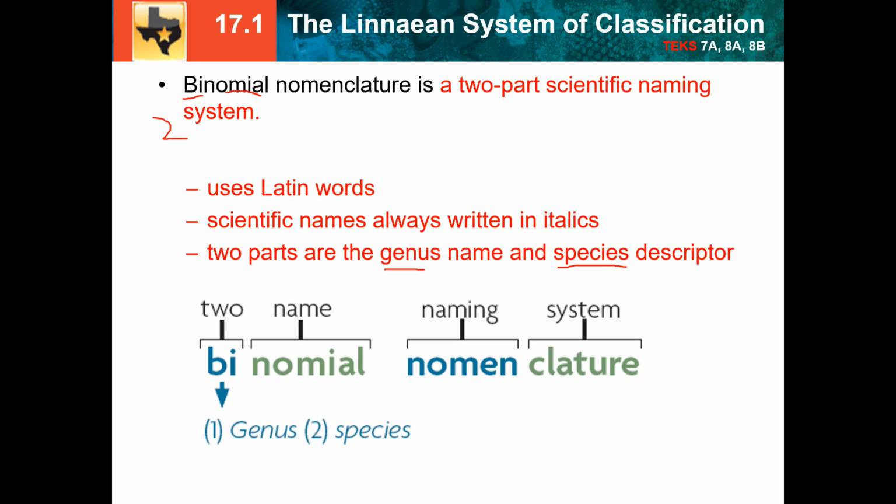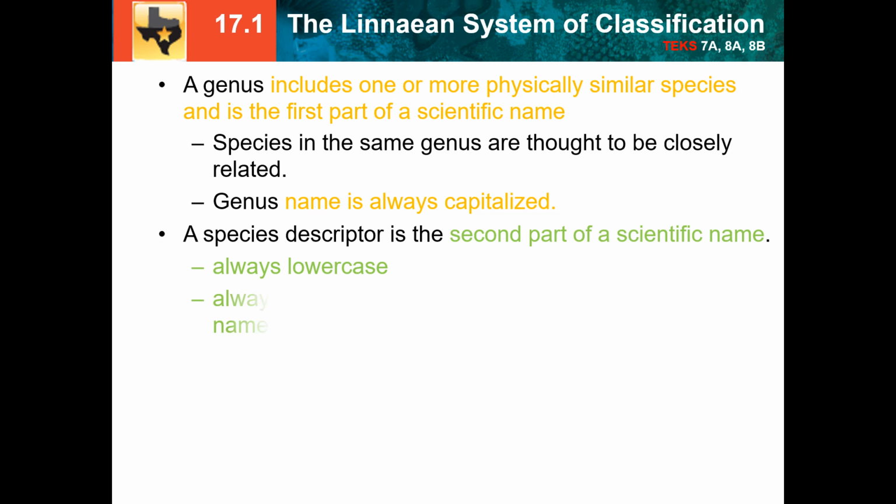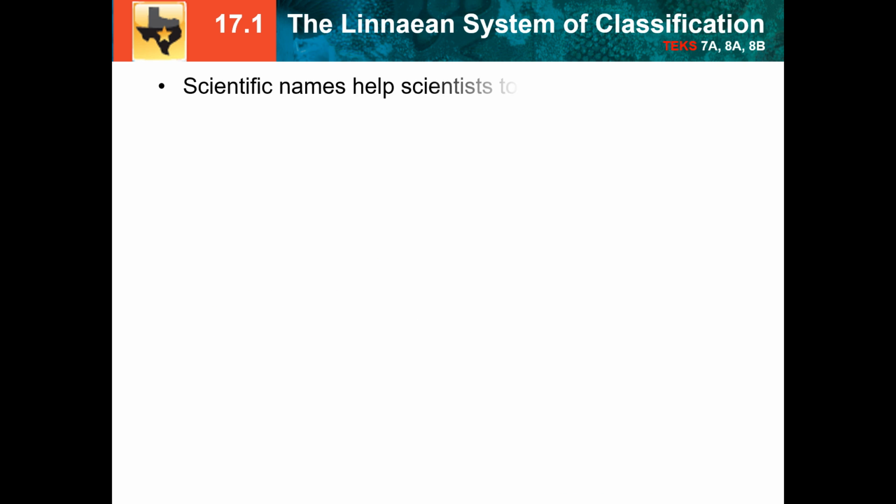Humans are called Homo sapiens, Homo being our genus, sapiens being our species. The first name is always going to be the genus. That goes first. And then your second name is always going to be the species. I'll tie all this together as I keep going forward.